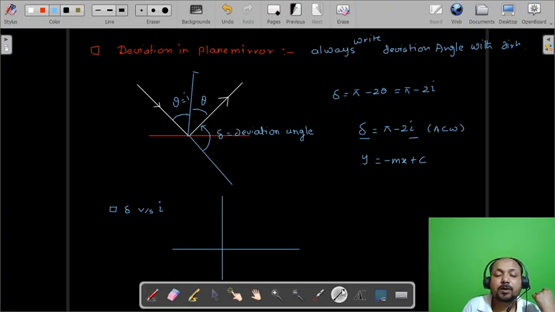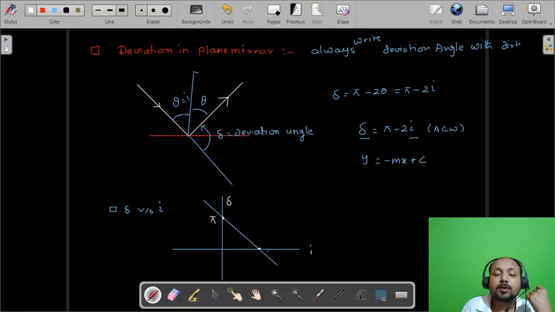So we can trace a straight line having negative slope, and this will be the graph of del versus I, where this is our del and this is our I. At I equal to 0, del is equal to pi, so here pi.